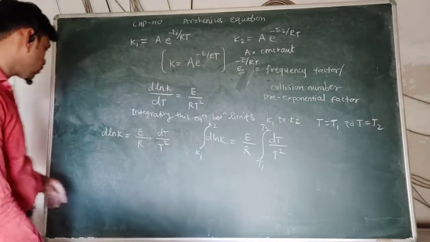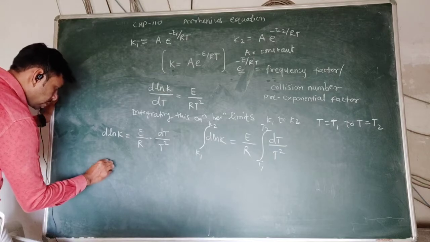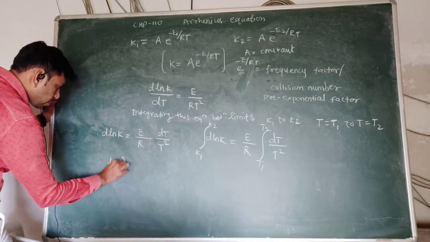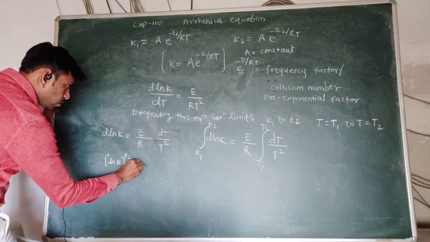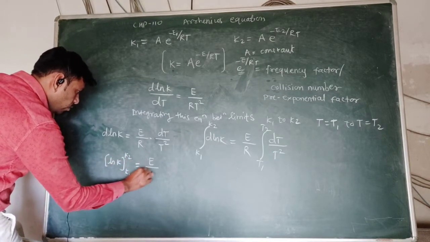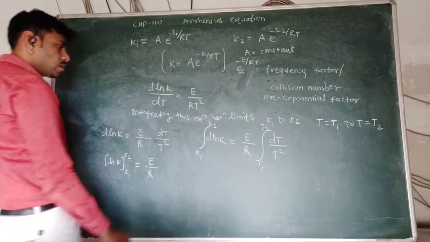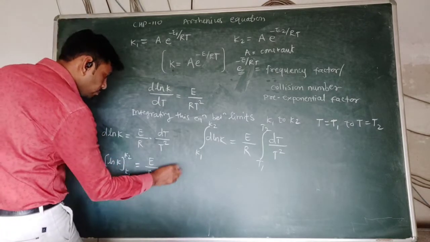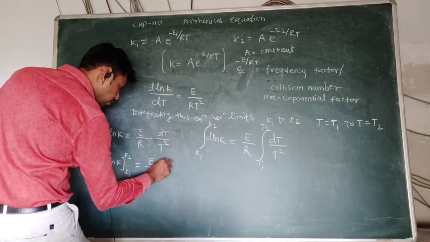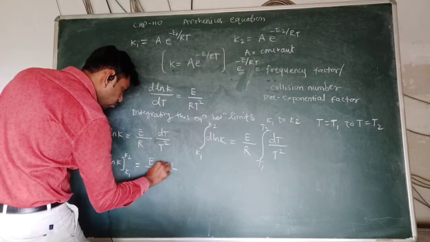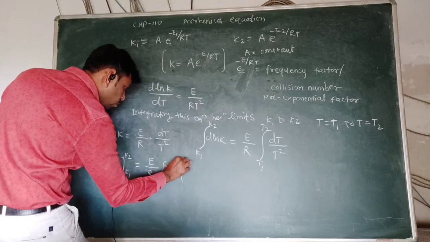We know the integration: the integral of d ln k is ln k from k1 to k2, equal to E upon R, a constant term, times the integration of minus 1 upon T from T1 to T2.